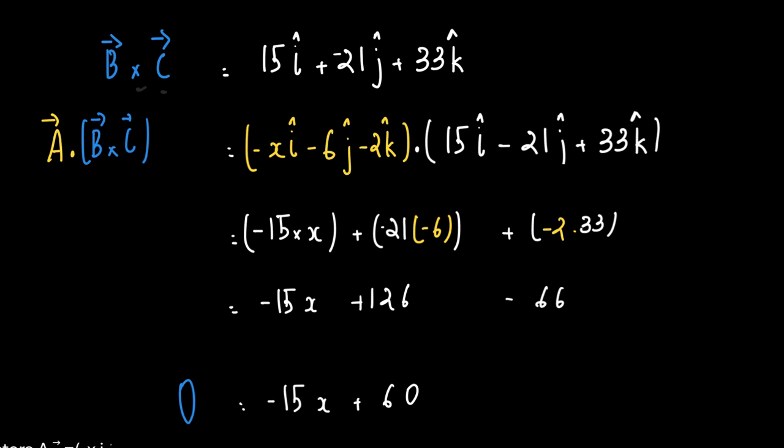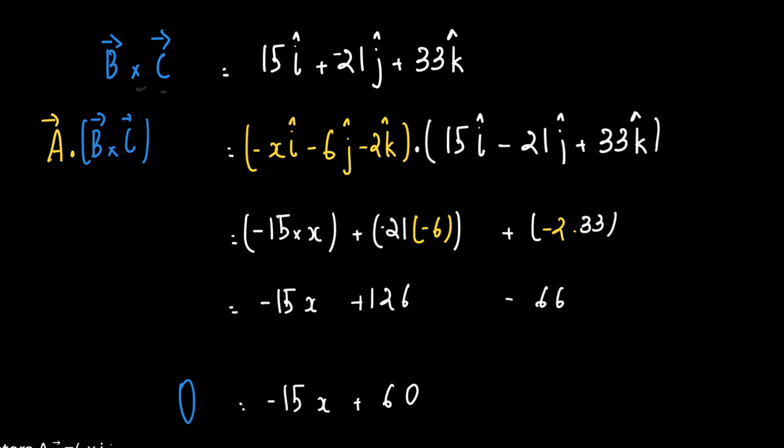Sorry for the delay. So 15 times -x, J component -21 and -6, K component -2 and 33. So -21 into -6 is 126, 33 times -2 is -66, and we have -15x.